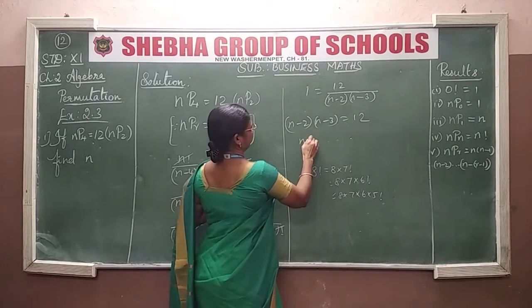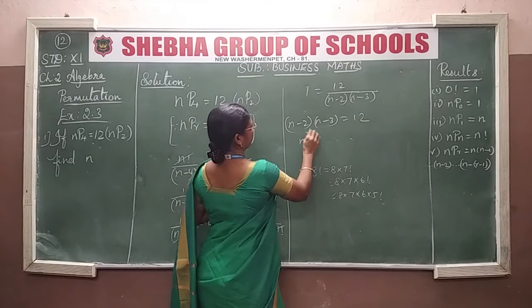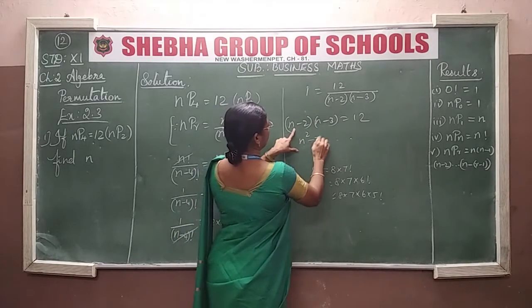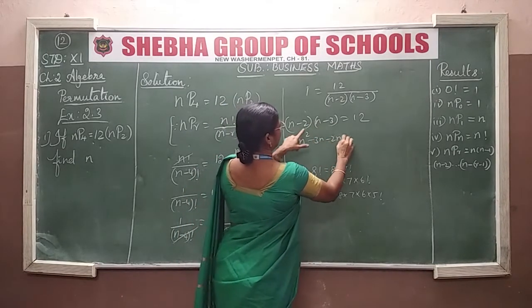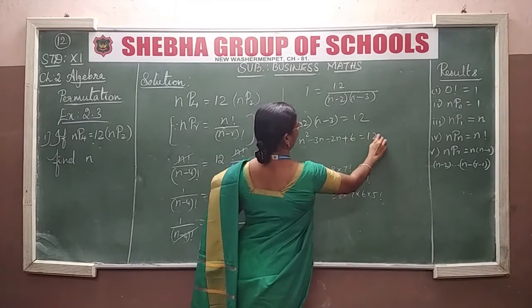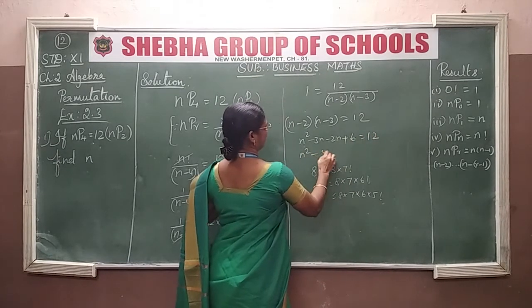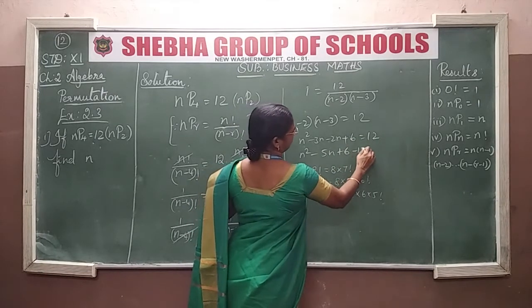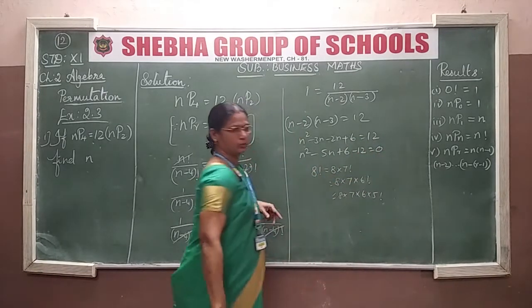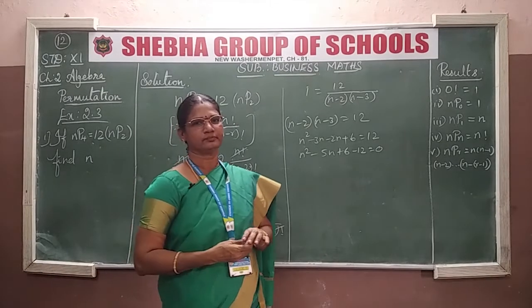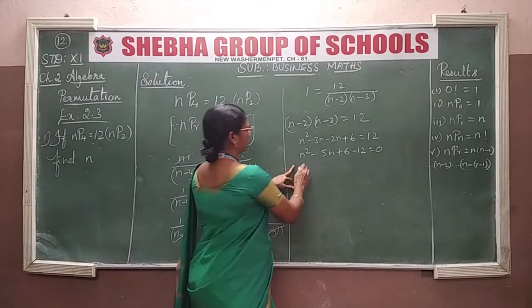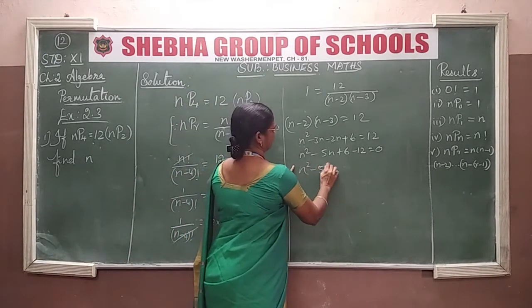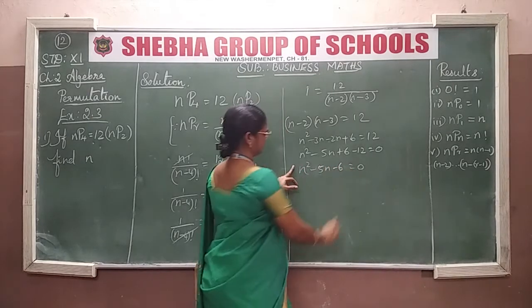Multiplying, we get n square minus 3n minus 2n plus 6 equal to 12, and n square minus 5n plus 6, bring this 12 to the left hand side, we get minus 12 equal to 0. Now subtracting these two, we get n square minus 5n minus 6 equal to 0.